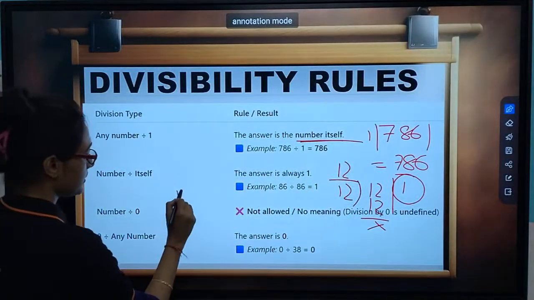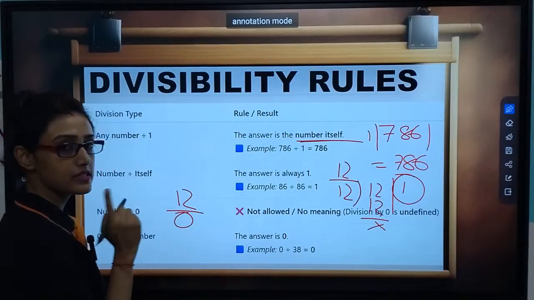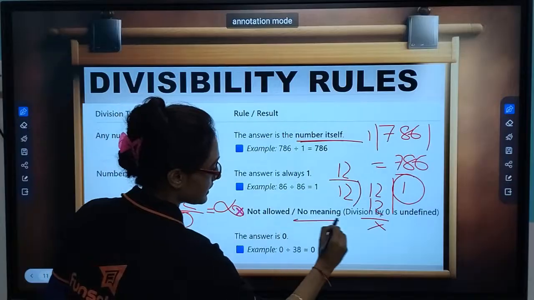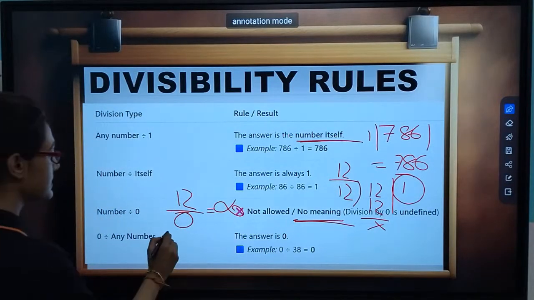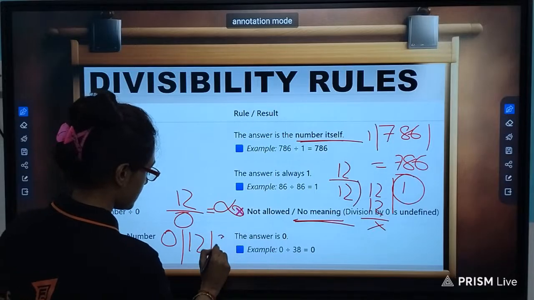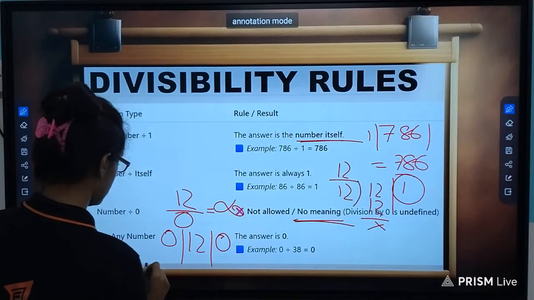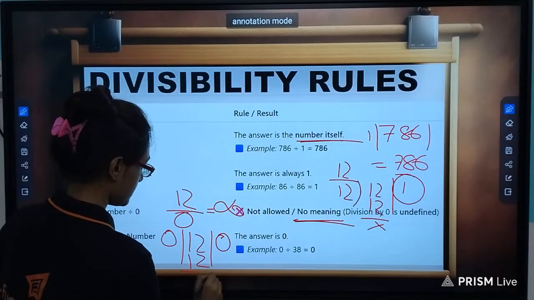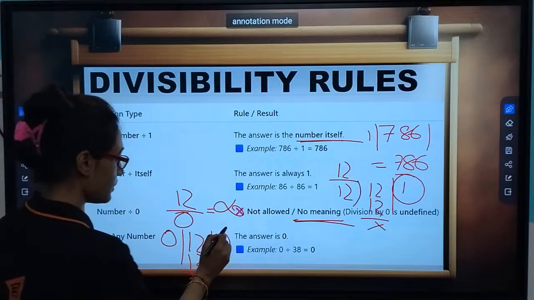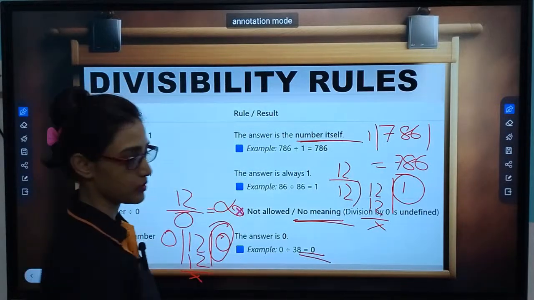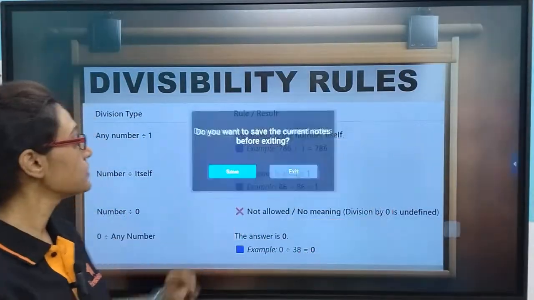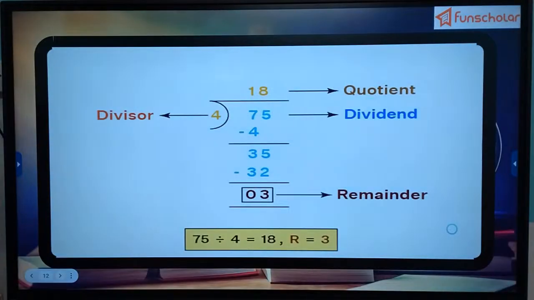Any number divided by 0 is infinite or meaningless, no meaning. 0 divided by any number, 0 into 12 equals 0, so the answer is always 0. Clear? I hope you have understood these 4 rules clearly.